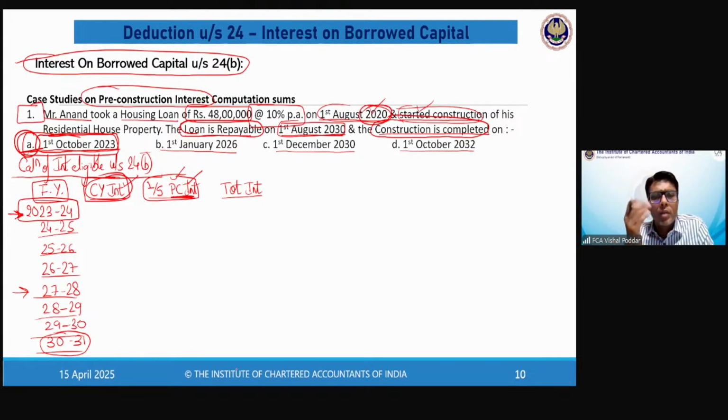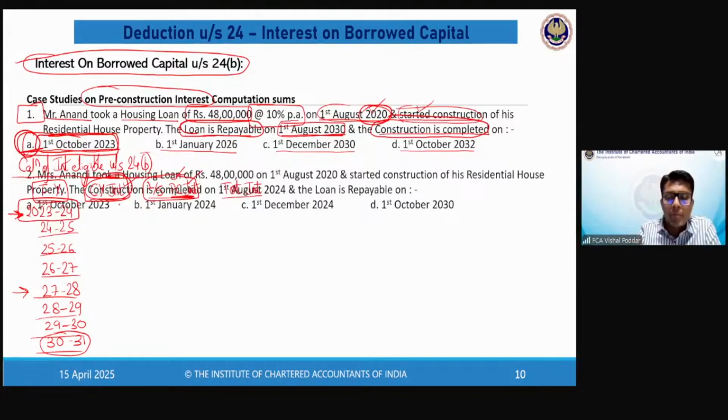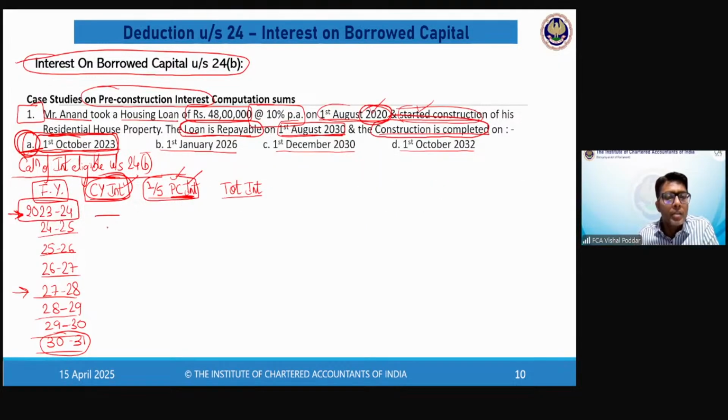Yes, beta Priya, it is very much possible that my loan is repaid within 5 years. See my case scenarios B, C, D. Why have I created so many case scenarios? It is to cater to all these cases. That is, my loan is getting repaid within 5 years. Still remember, even then I will have current year interest, let us say only for 3 years. Why? Because after that my loan is not there, but my pre-construction will still go for 5 years.